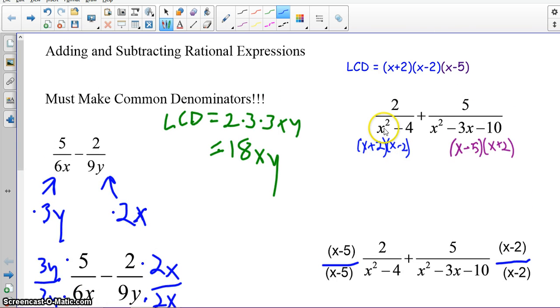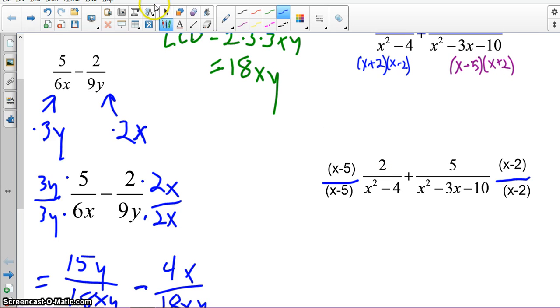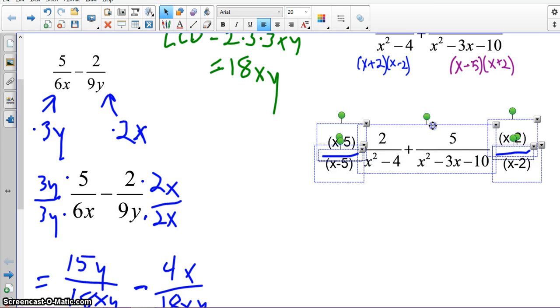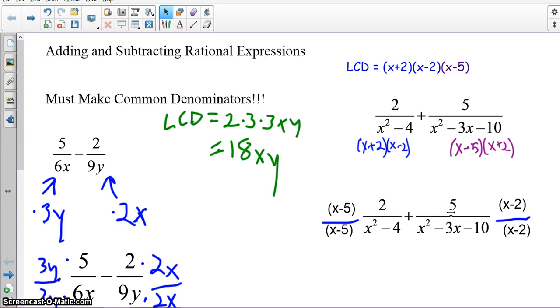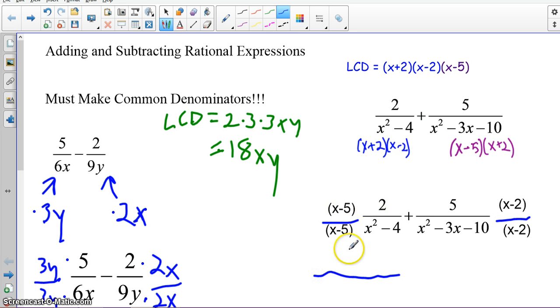I will write out the least common denominator as if it's factored, because that's kind of better. So x minus 5, and over here, 2 times x minus 5, so 2x minus 10.